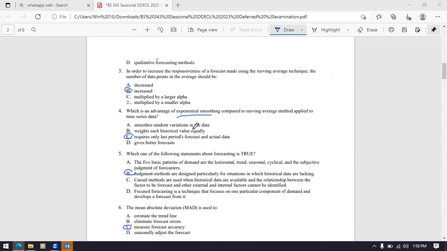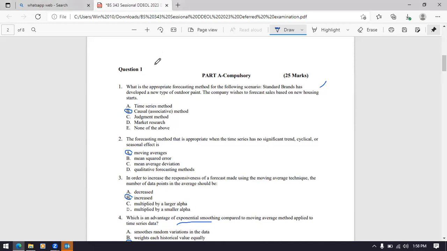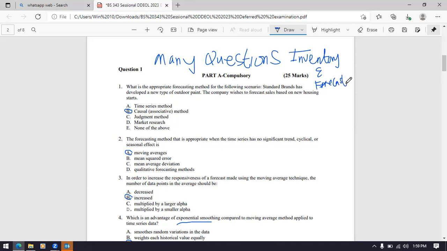So the first part of this multiple choice was the main questions. These questions were on inventory and forecasting. So that was the first part of the question.